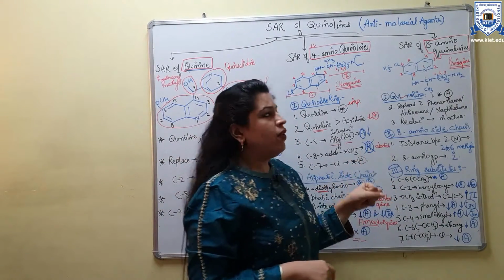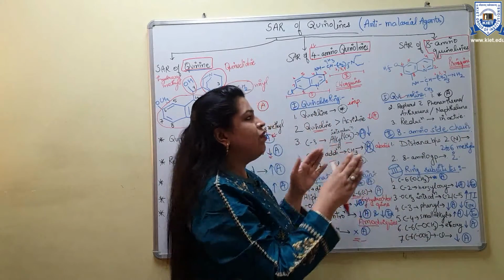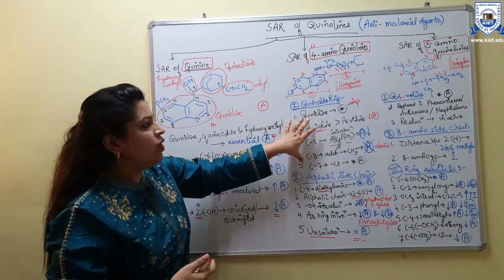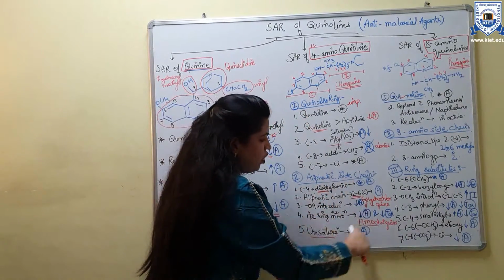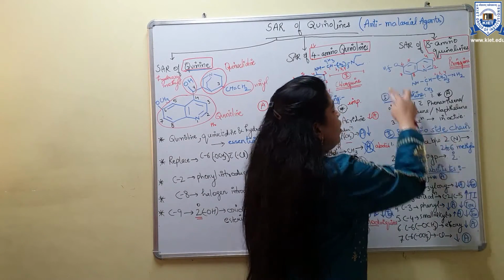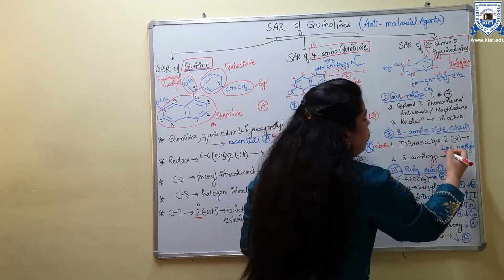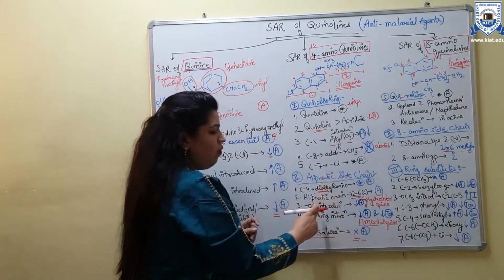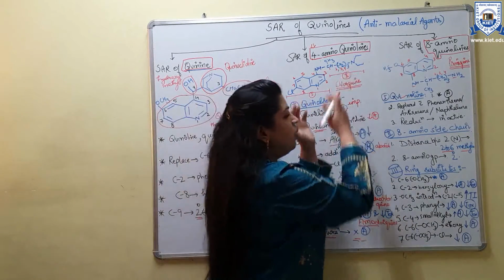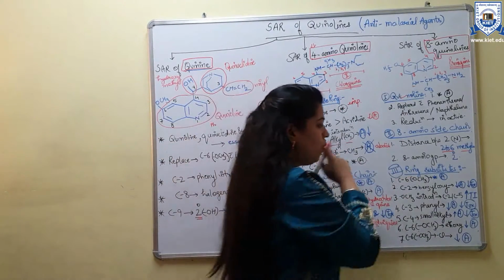Now the second thing we will study in the SAR is the 8-amino side chain. The side chain, the aliphatic side chain, what all can be there, like we saw here, these points are also important. Then some additional points: the distance between the 2 nitrogens, this first nitrogen and second nitrogen, should be 2 to 6 methylene, the same as we studied here. 2 to 6 carbons should be there between the 2 amino groups.